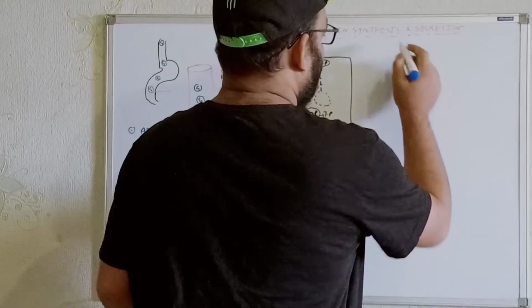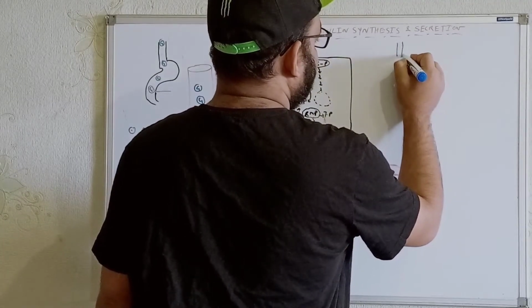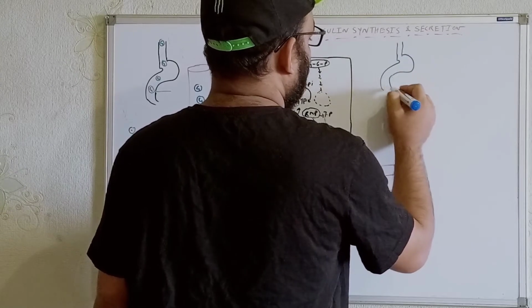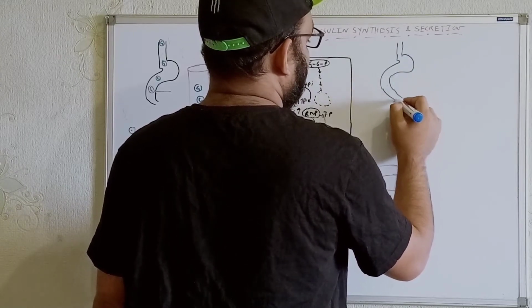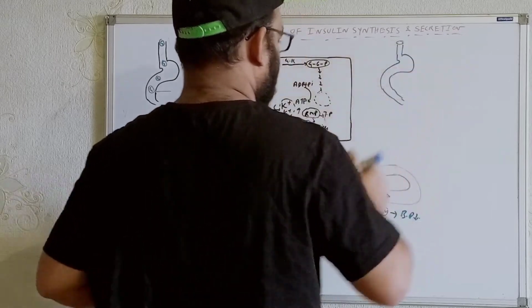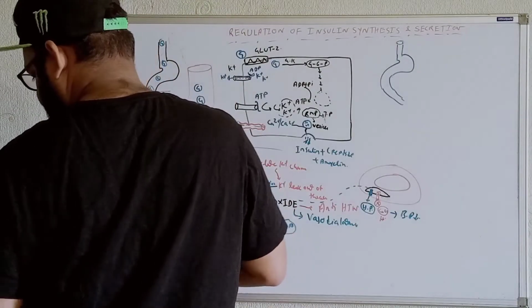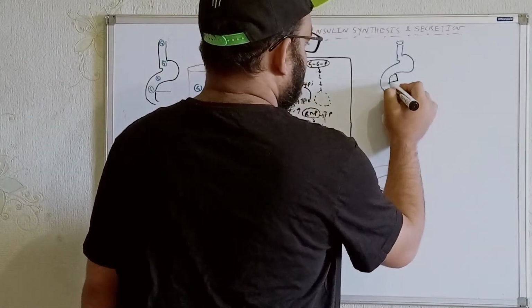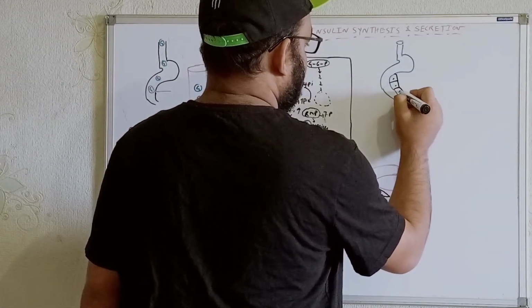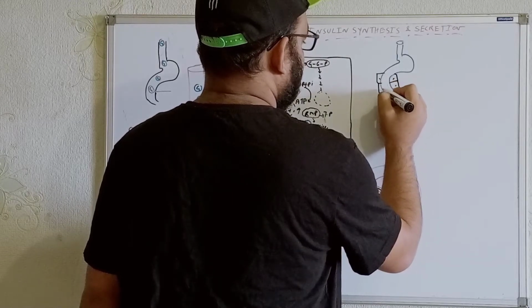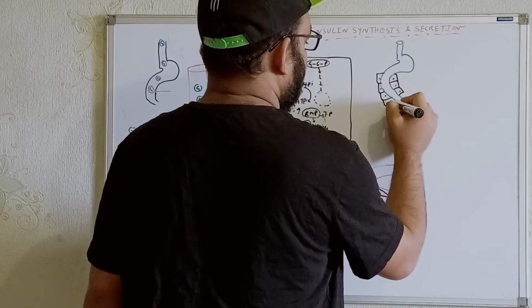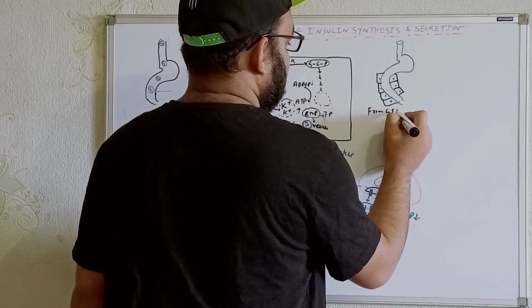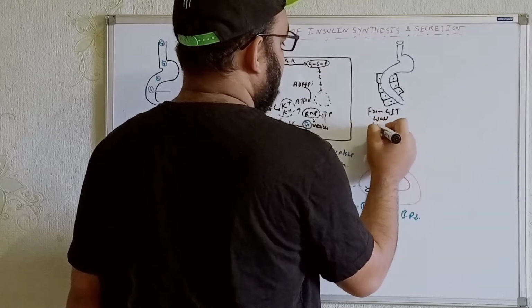Now whenever you are taking food, or a lot of food, what will we see right after that? Try to understand from here: from the GIT epithelium, the epithelium of the GIT wall.